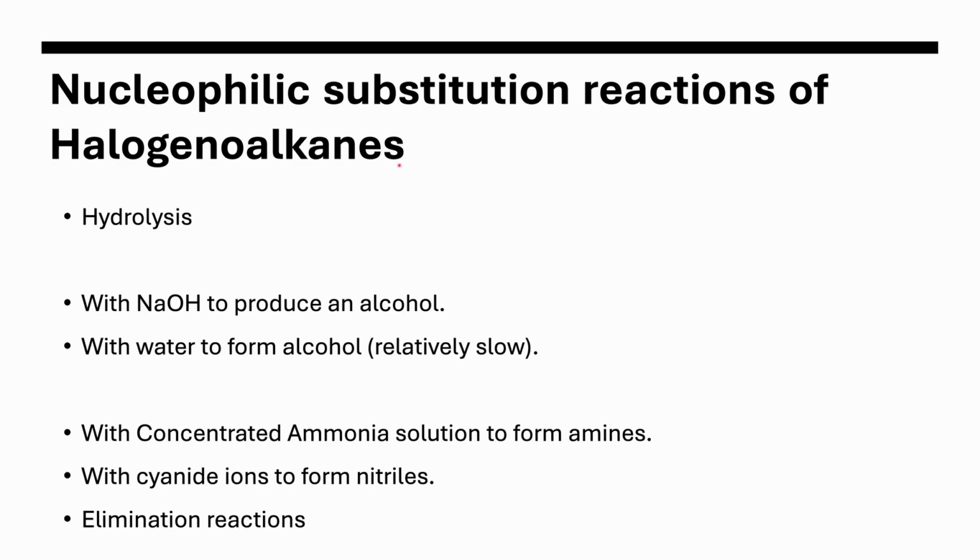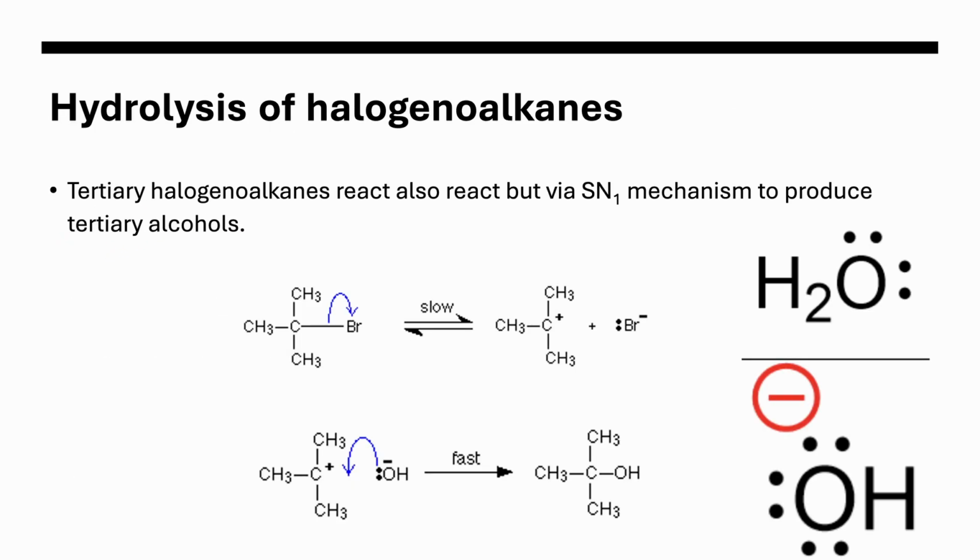This reaction actually slows down if you utilize water molecules. If you compare your hydroxide ions and your water molecule, you would notice that hydroxide ions carry a more negative charge than water, making them a better nucleophile, which is why the reaction occurs fastest with sodium hydroxide.